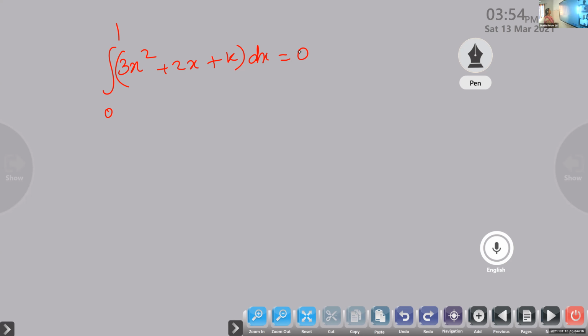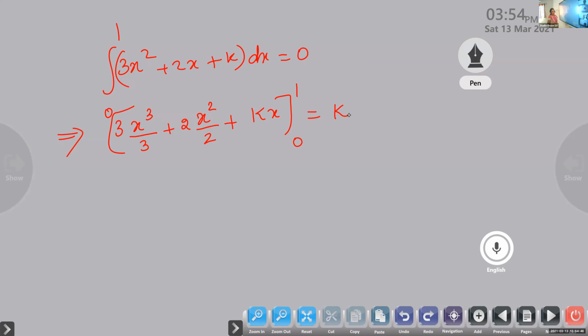How to do this? This is given as 0, isn't it? So you integrate this. 3 into the integral of x square, which is x cubed by 3, plus 2 into the integral of x, which is x squared by 2, plus k into x, within the limit 0 to 1, is 0.